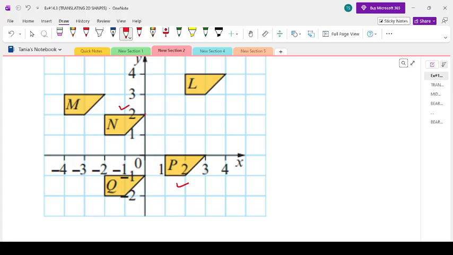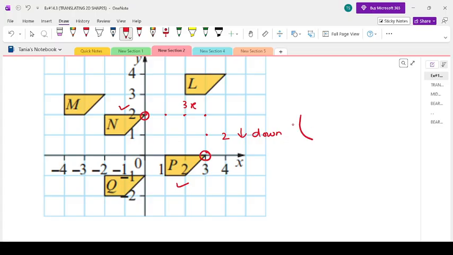Again I am selecting this point and this point. Now I have to move this point on our x-axis 1, 2 and 3, 3 times to the right on the x-axis, then 1 and 2, 2 times in a downward direction on the y-axis.